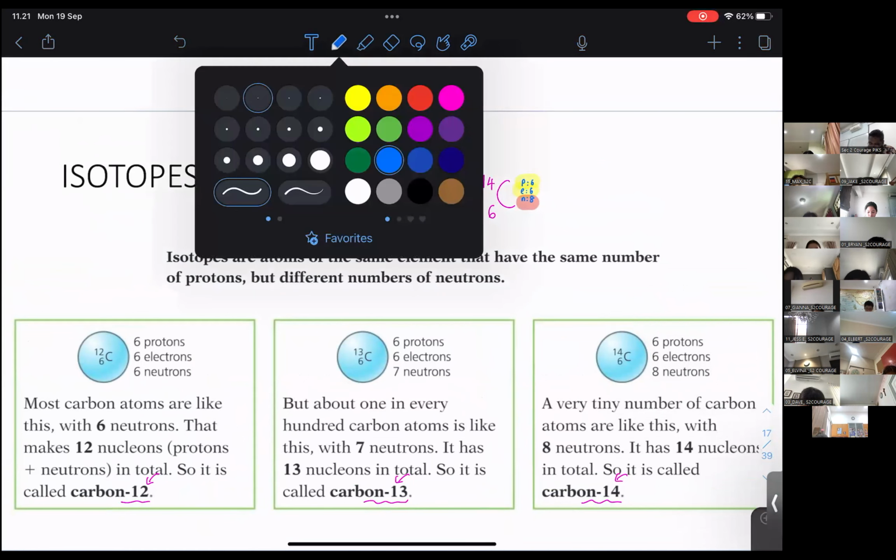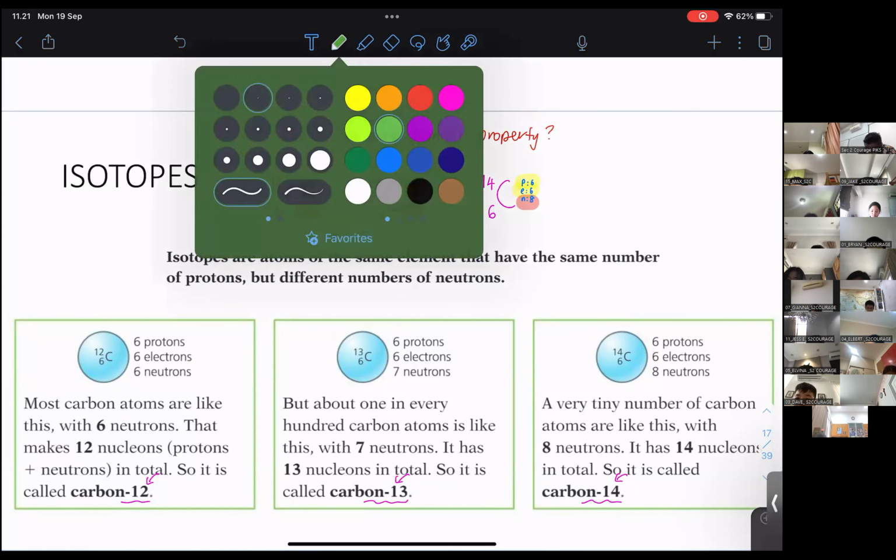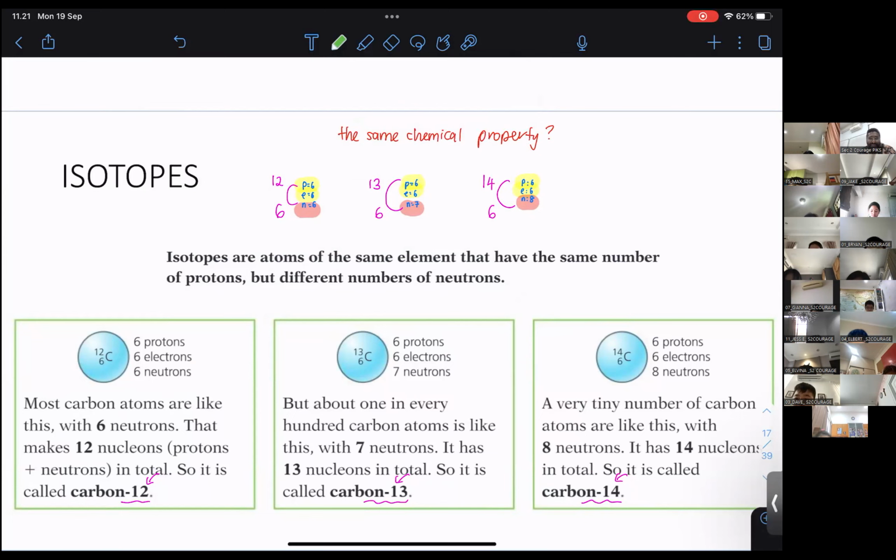The same chemical property. Why the same chemical property? Because it's the same element. Rather than saying same element, what else is the same over here? Same proton number. Same proton number, but that doesn't mean they must have the same chemical property.